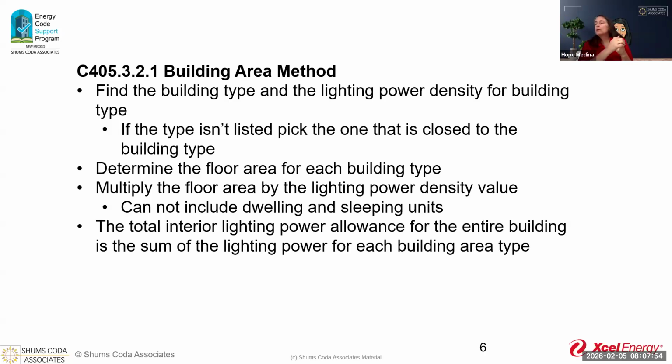So if you were an office, and I don't know what the office number is, let's say you were allowed 0.56 watts per square foot, and it was 1,000 square feet. That would mean that you had 56 watts that you were allowed to utilize in that space.